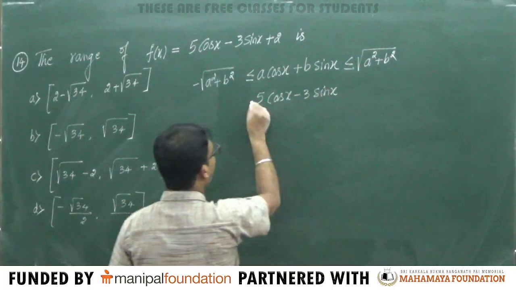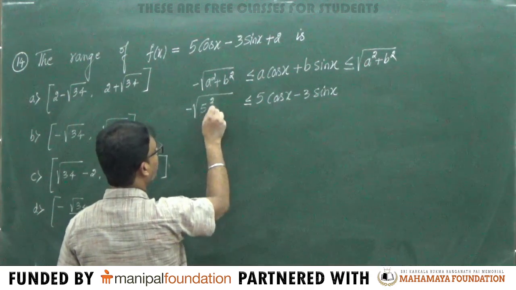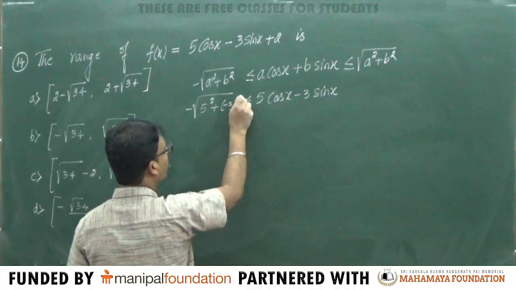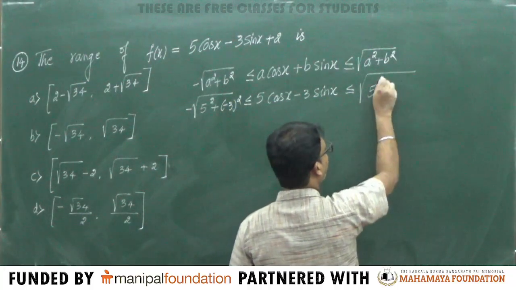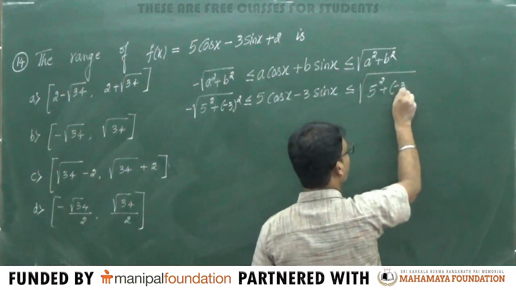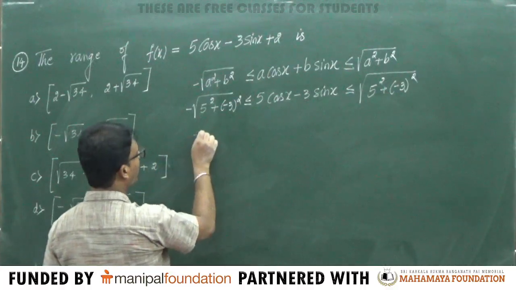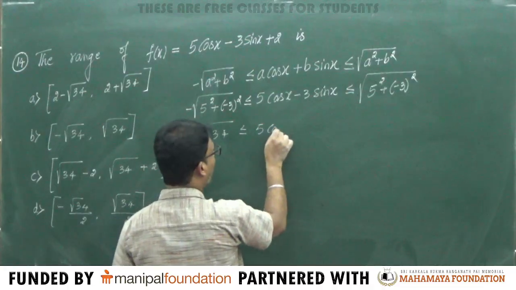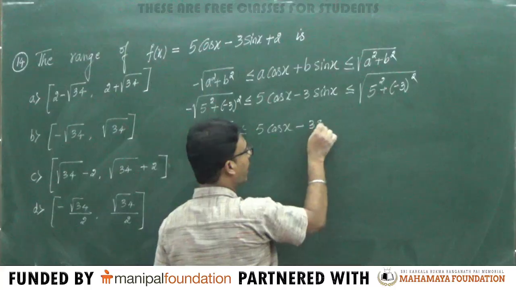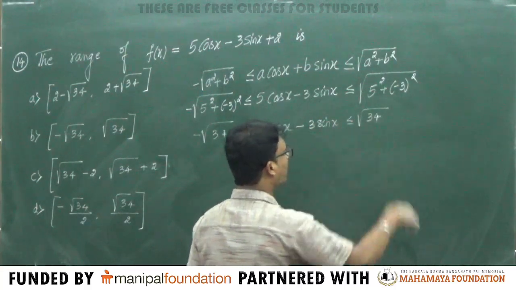This value lies between minus square root of 5 square plus of minus 3 whole square and less than or equal to square root of 5 square plus of minus 3 whole square. After simplification, we get minus square root of 34 less than or equal to 5 cos x minus 3 sin x less than or equal to square root of 34.